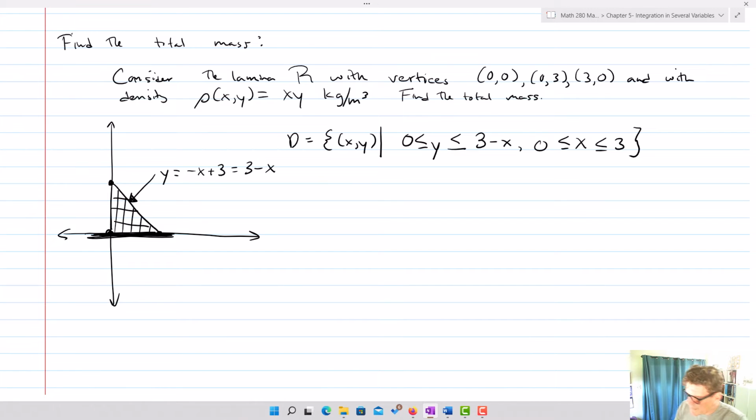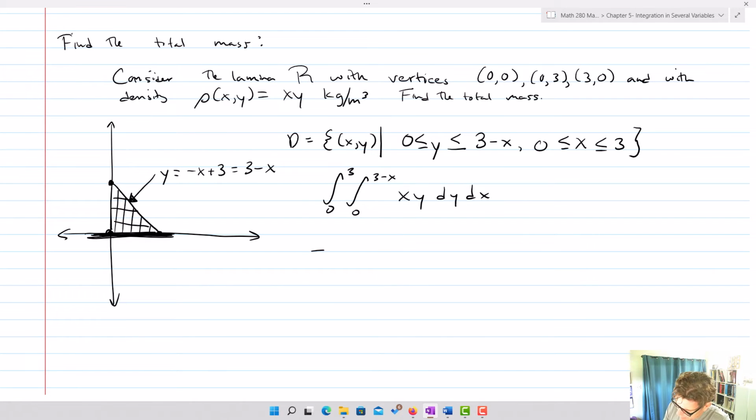So there's our D. To set up our integral, we're going to integrate from 0 to 3, our x's second, our y's first, of xy dy dx.